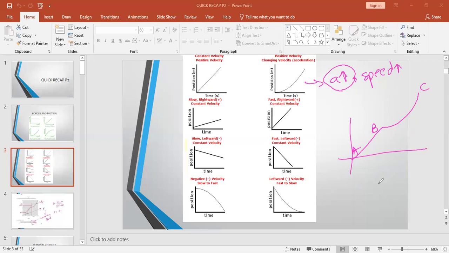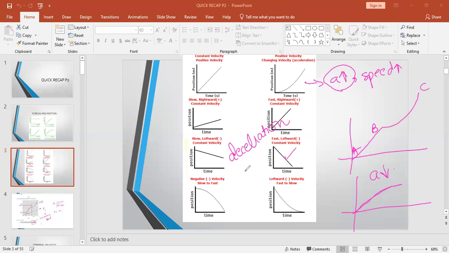Similarly, if the graph is like this curve, it is a decreasing acceleration. Yes. The acceleration is non-uniform and it is decreasing. But if it is decreasing in the downward direction like this, then we are entering the term deceleration.